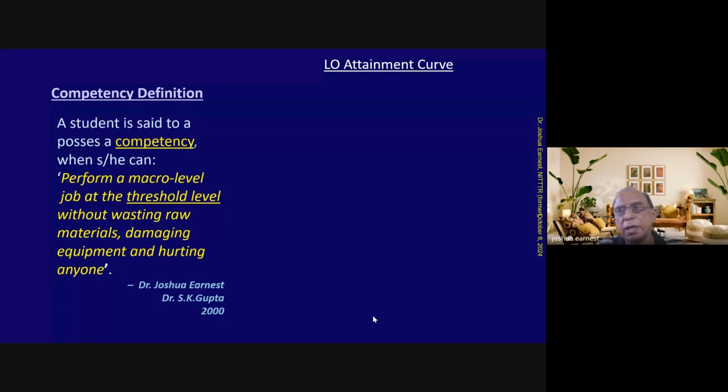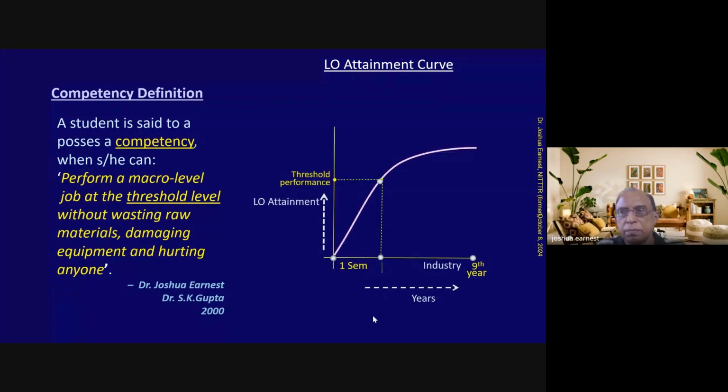It's called the learning outcome attainment curve. So, in a semester, you have one course, say, and the learning attainment has to come, right? How do you develop the competency of a course? First, the competency is at the semester end. Fine.